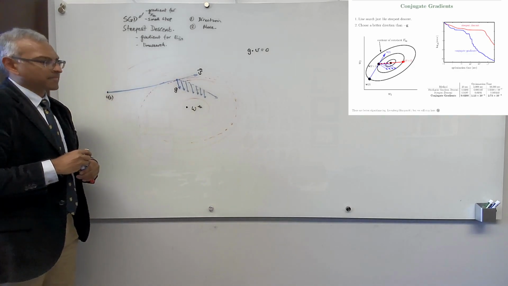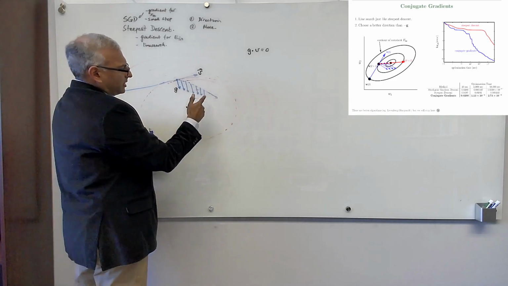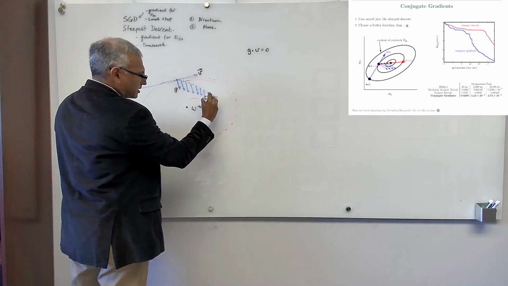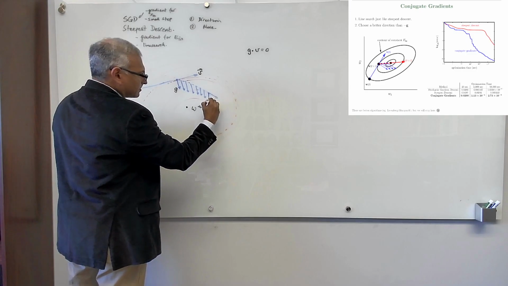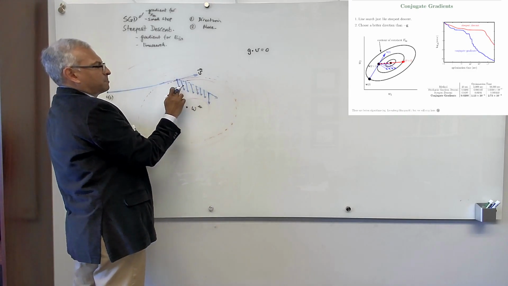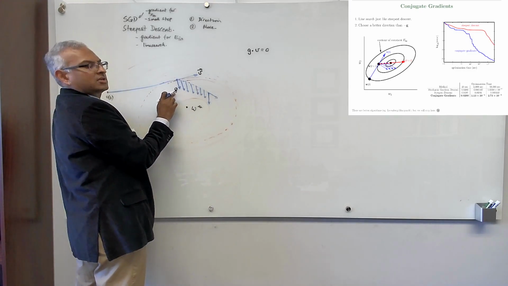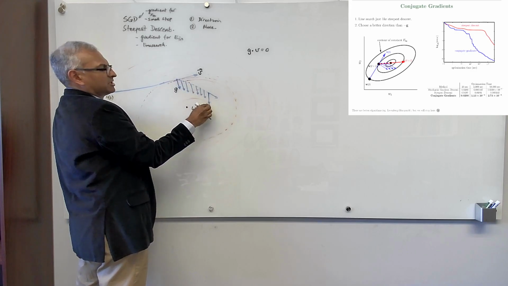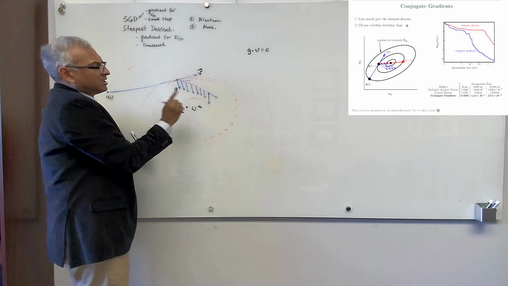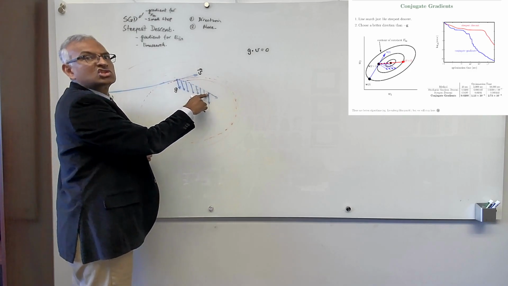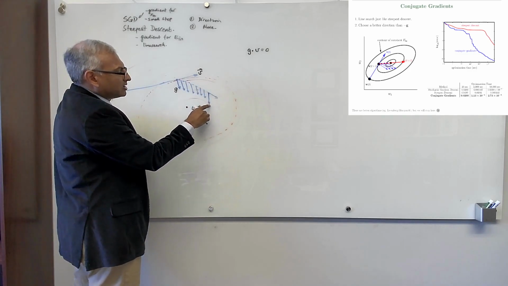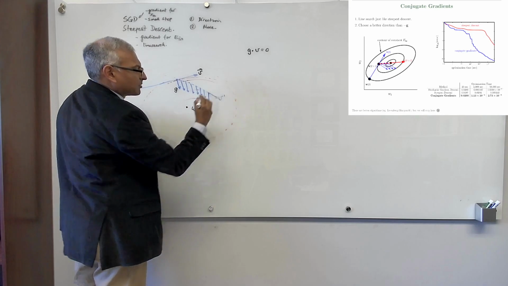Then when I stop, here's my new gradient. Since it stayed parallel to the previous gradient where I started, my new gradient is orthogonal to V. And since this is the place where I stopped, my new gradient is orthogonal to this new direction V prime.